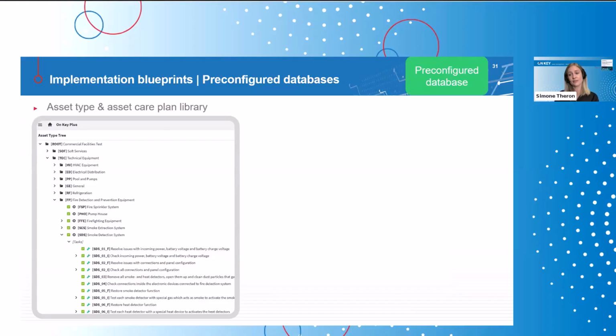Firstly, with regards to the configured databases, here are some of the main entities that have been pre-configured in our blueprints. Firstly, asset type folder structures and asset types with asset care plans or tactics. Clients are presented with a library of asset types to select from, and the tactics include statutory tasks with follow-up tasks for inspections.